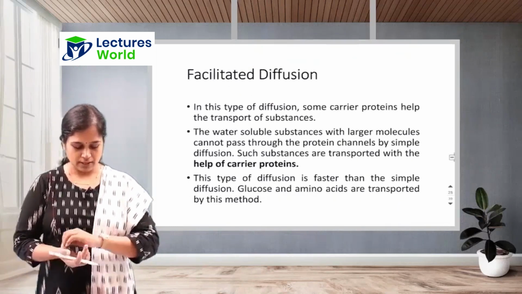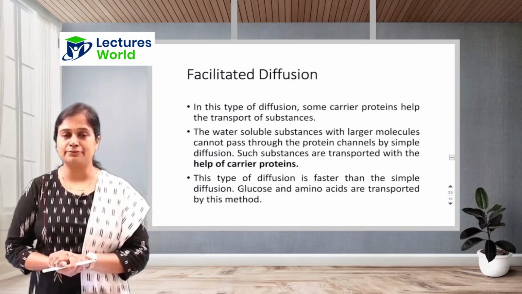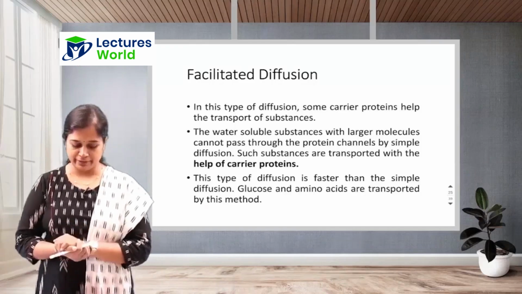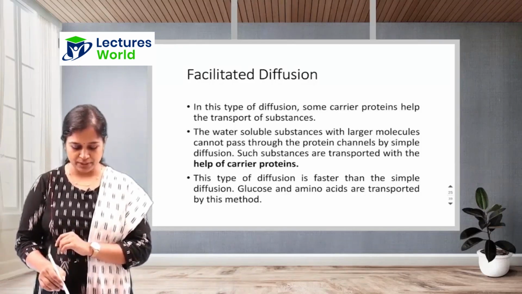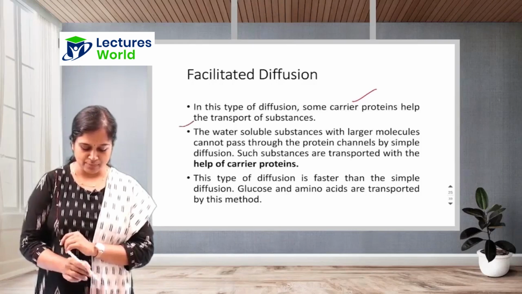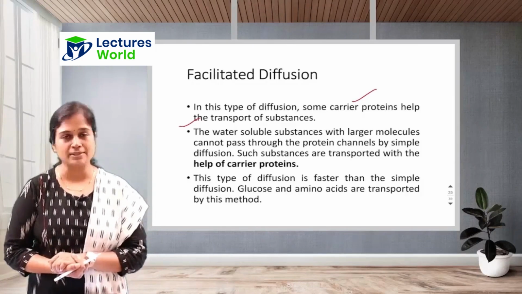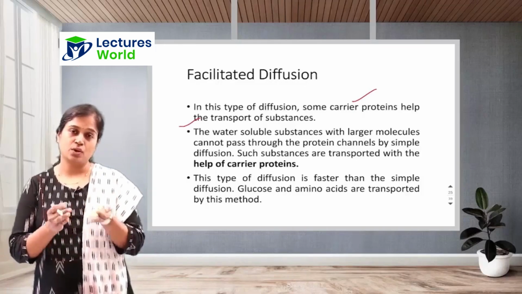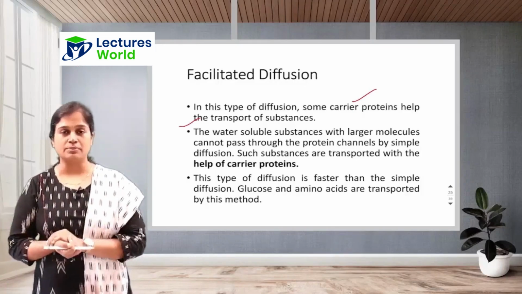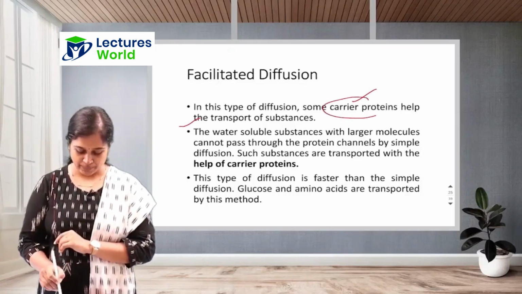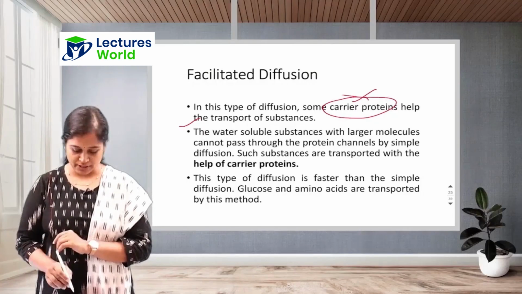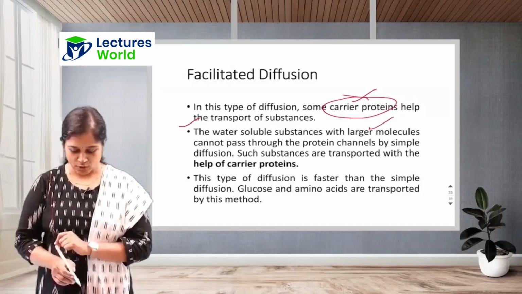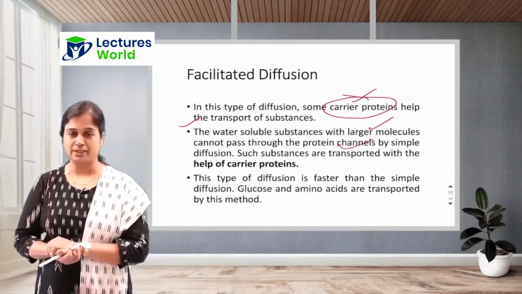Now we will see facilitated diffusion. In this type of diffusion, some carrier proteins help the transport of the substances. Water soluble substances with large molecules cannot pass through the protein channels by simple diffusion.